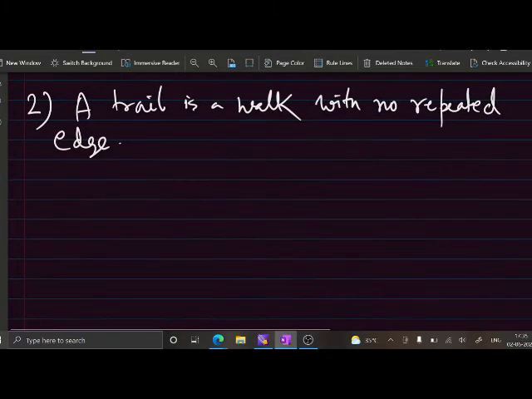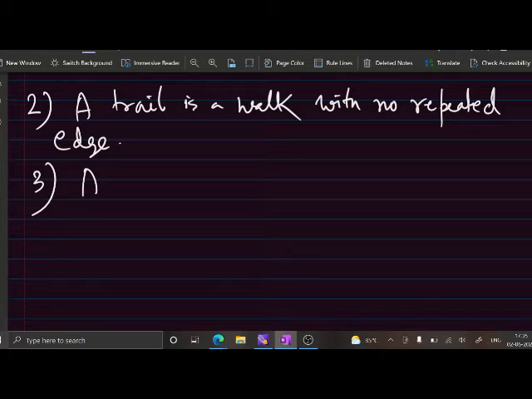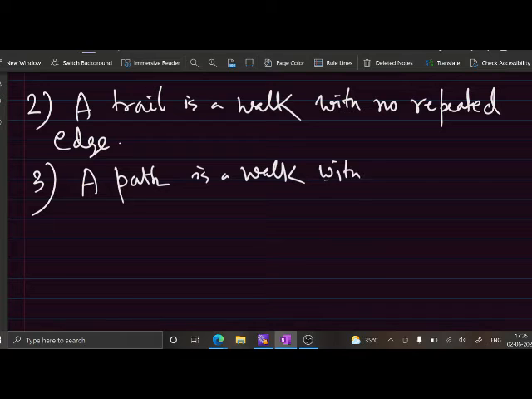Thirdly, we define a path. A path is a walk with no repeated vertex.